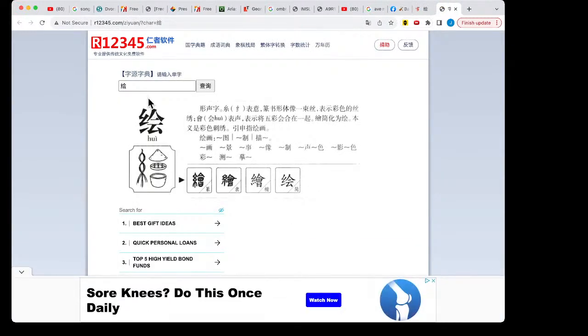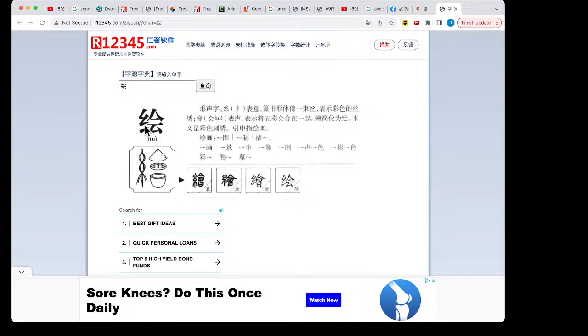Because it originally means embroidery, that's why it has the si on the left, which means silk or fabric. On the right hand side is the character hui. Hui means gathering together, combining everything together, meeting things together.